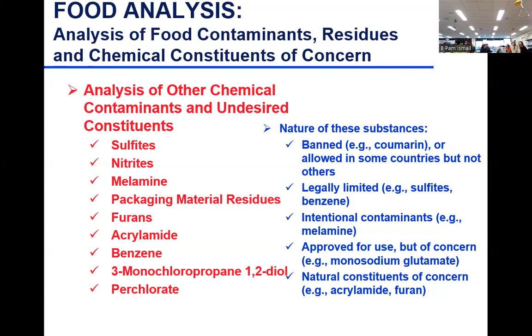And then natural constituents; these are produced during processing. So things could be there because they were added or because the sample got contaminated. Some are produced during processing. Some are added, for example, to prevent browning in dried fruits, to prevent oxidation, antibiotics, antimicrobial agents.